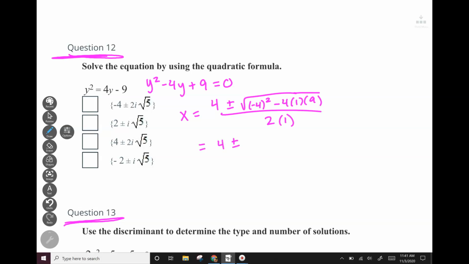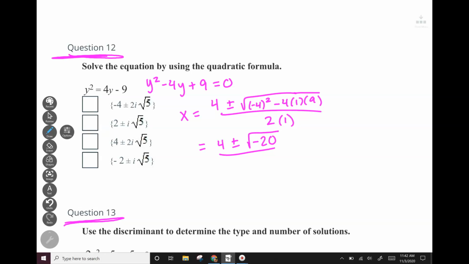Now you can put what's underneath the radical into the calculator. That's going to be negative 4 squared, which is 16, minus 4 times 9, which is 36, and I get negative 20. So underneath the radical, which is the discriminant, I've got negative 20.